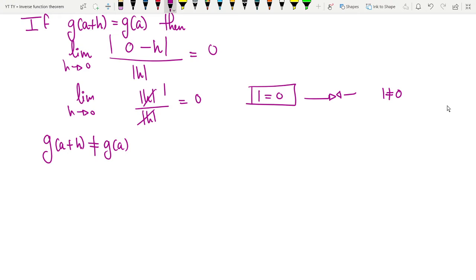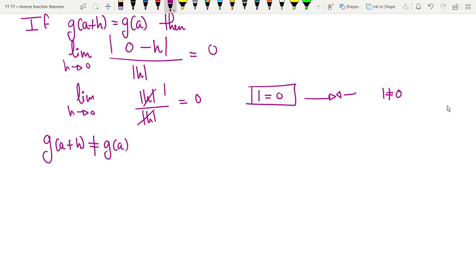So indirectly, there exists a neighborhood around a such that the value of g is not equal to g(a). Ultimately, I can find a place around a where it does not take the value g(a), because if it takes the value, I get a contradiction.